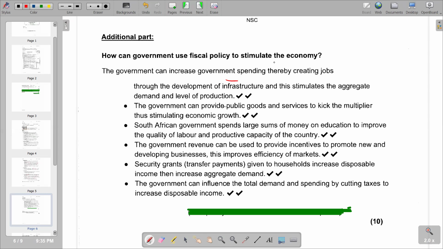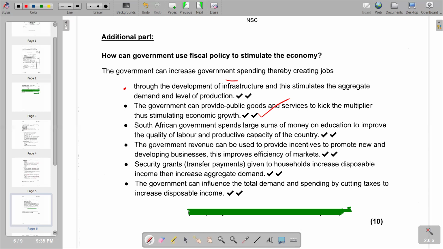And the jobs are created. So the next point that we have here says through the development of infrastructure, and this stimulates the aggregate demand and level of production, which is actually something that is coming from an increase in government spending. Then you go to the next point: the government can provide public goods and services to kick start the multiplier, that's stimulating economic growth.